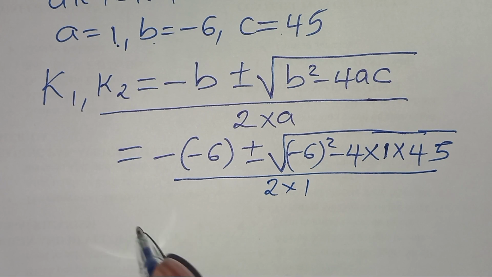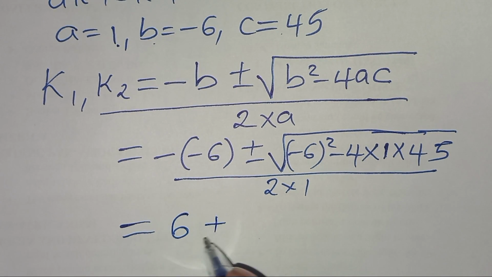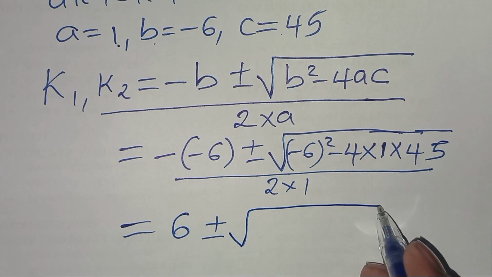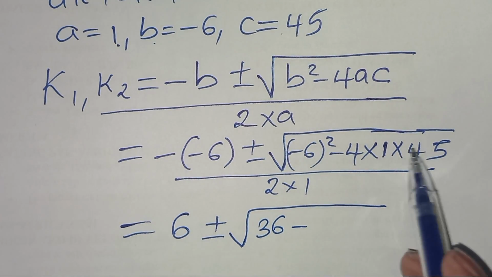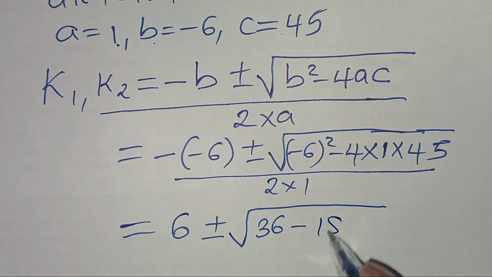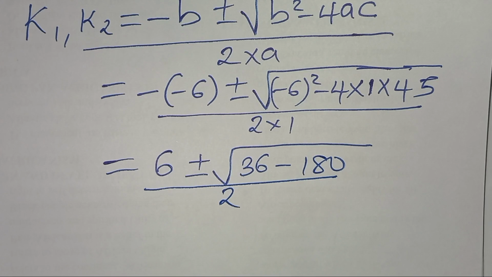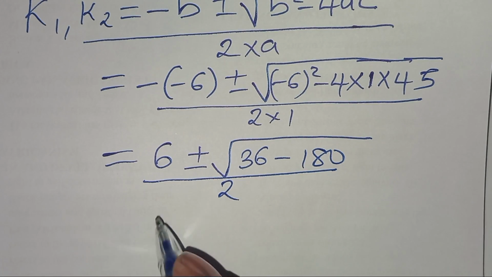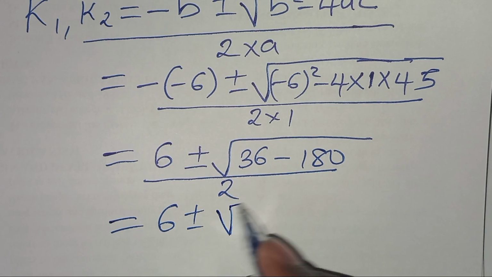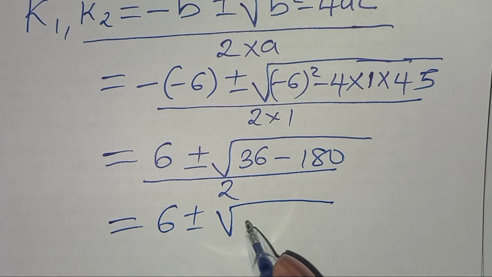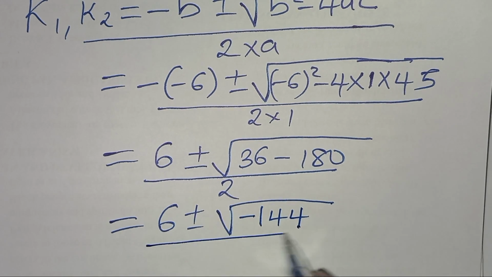The next step here, we have negative times -6, which is actually equal to 6, plus or minus the square root of -6 squared, which is 36, subtract 45 times 4, which is 180, all this divided by 2. The next step here, we have 6 plus or minus the square root of 36 minus 180, which is -144, divided by 2.